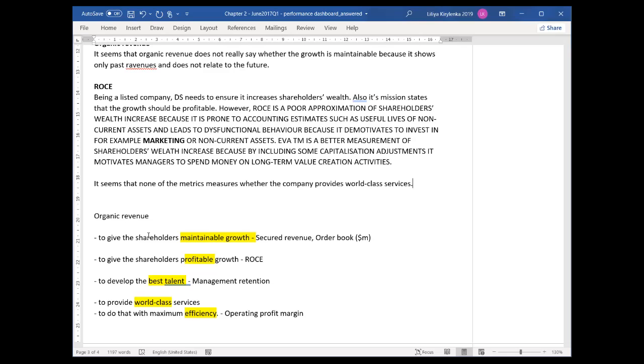Then I would say, well, maybe organic revenue shows us whether the customers like this company, and therefore it indirectly measures that the company provides world-class services. But also it might be the case that the revenue increased only because the company was providing discounts.